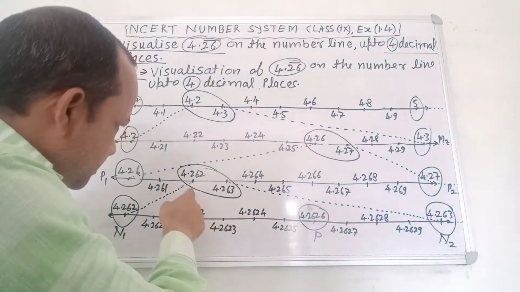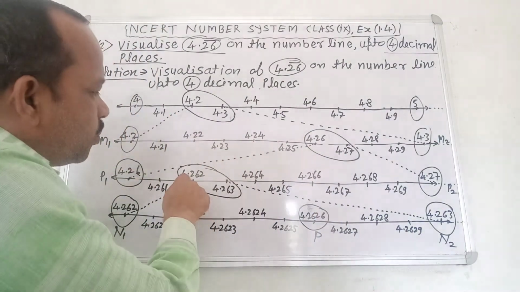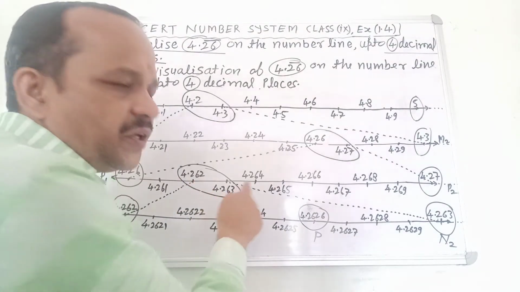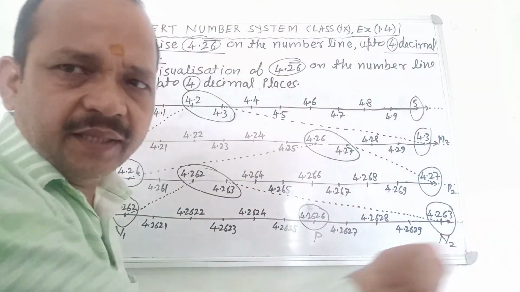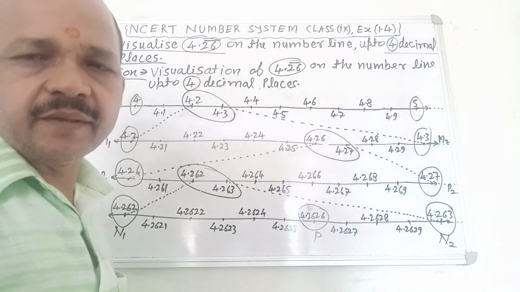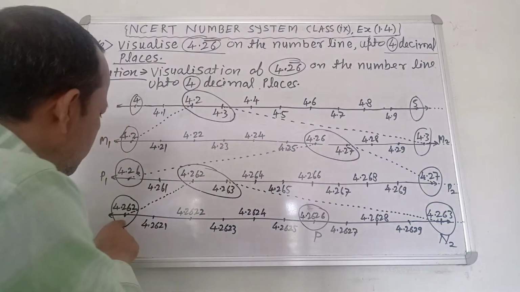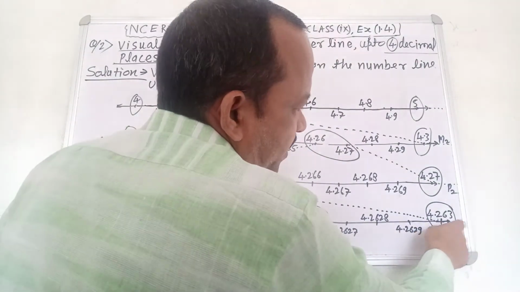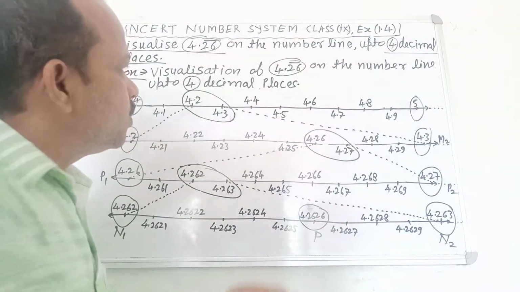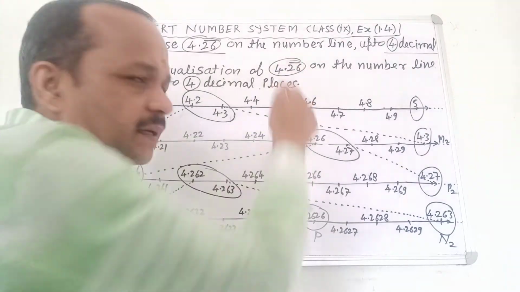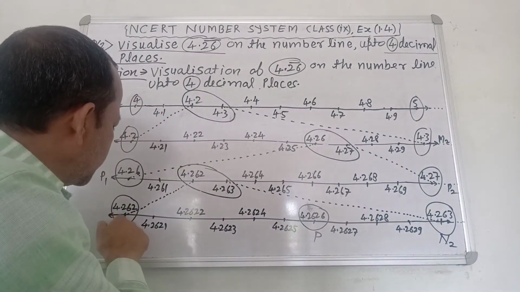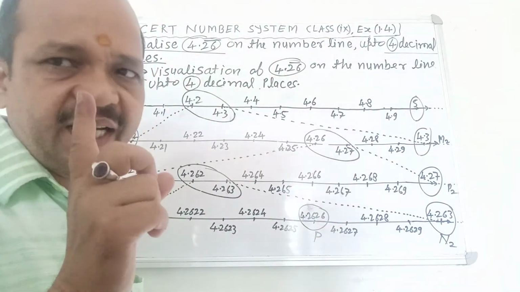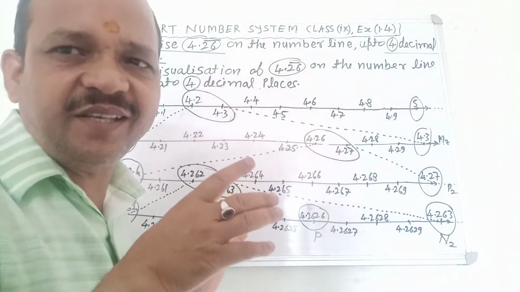So you write 4.262 and 4.263 on another number line. Here 4.262 and here 4.263, because 4.26 bar is between 4.262 and 4.263. It is very easy.